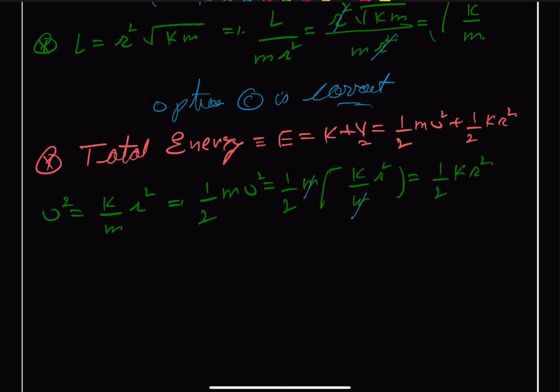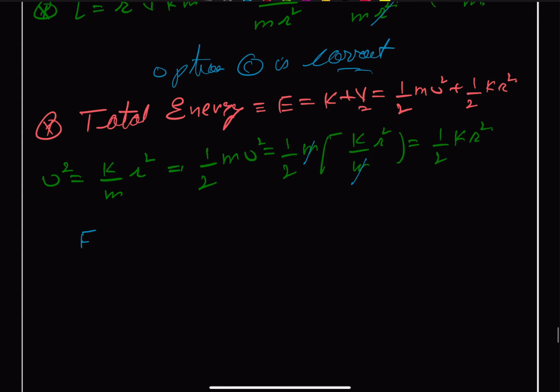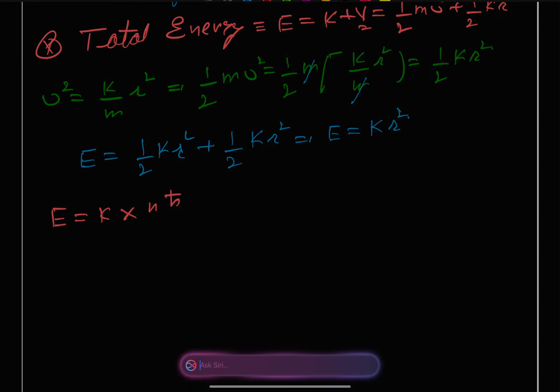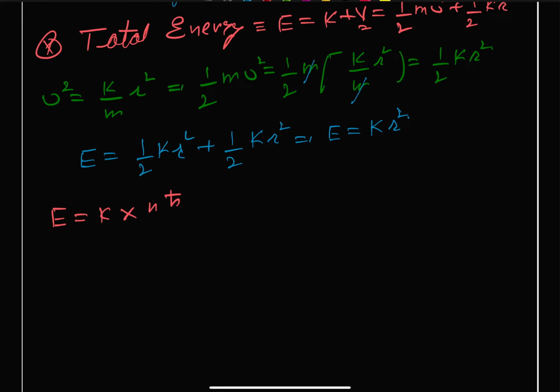Therefore, our total energy E will be equal to half kr² plus half kr², which gives us E equal to kr². We can substitute the value of r², and we get E equal to k times nħ divided by the square root of km.